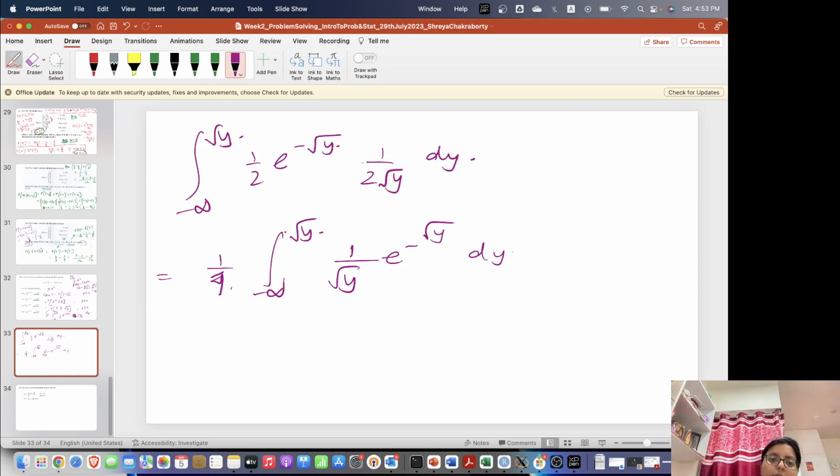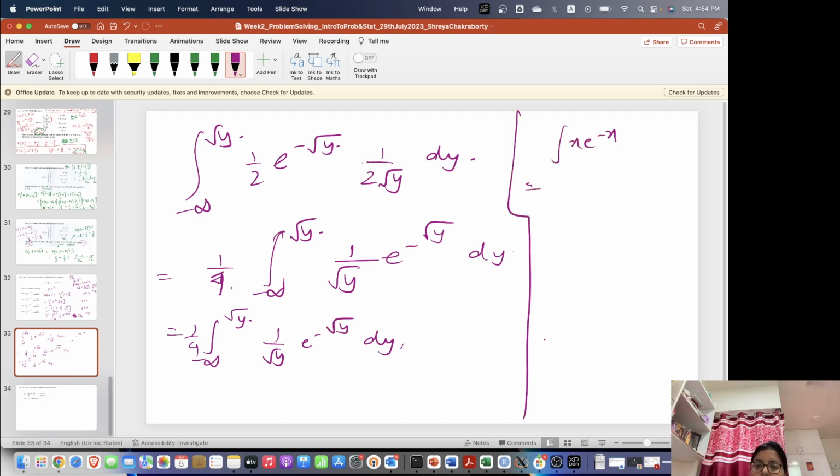Okay, if we just integrate it, what happens? So integration of x e to the power minus x. This is how much?